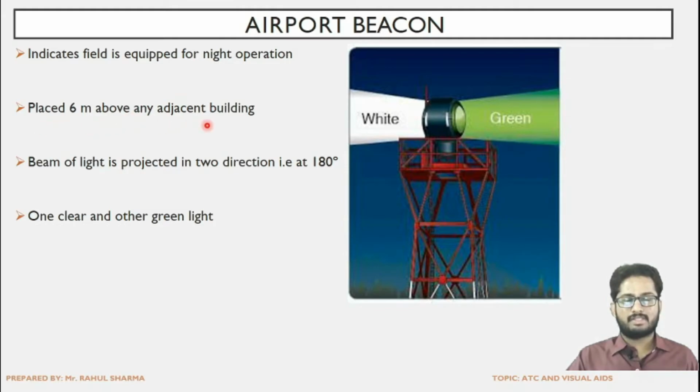So in the vicinity of any building, it is kept at a height of 6 meter. A beam of light is projected in two directions, that is at 180 degree, in both the directions, one of white color and another of green color. That is, one is clear light and another is the green light.